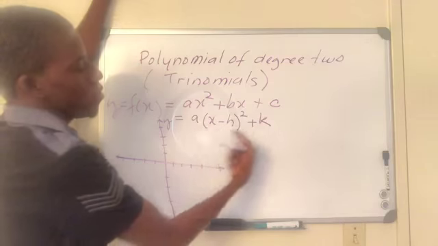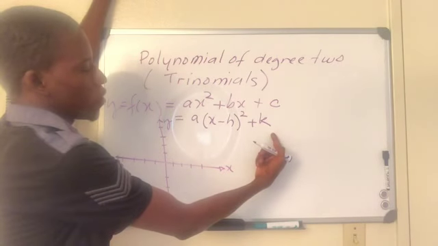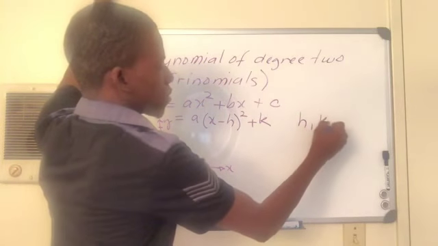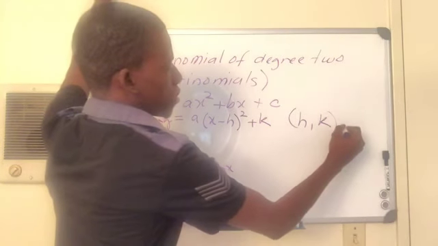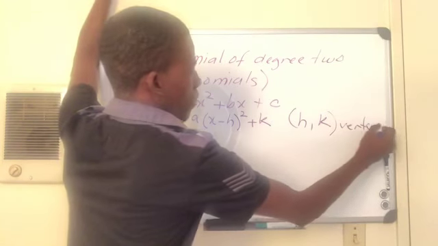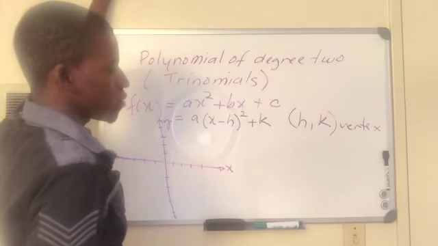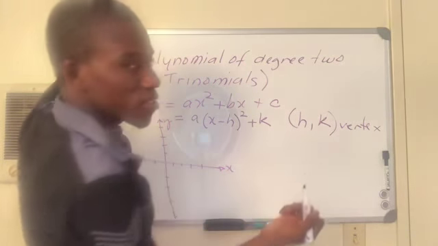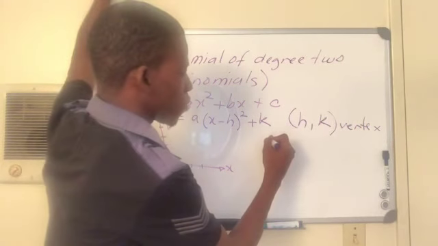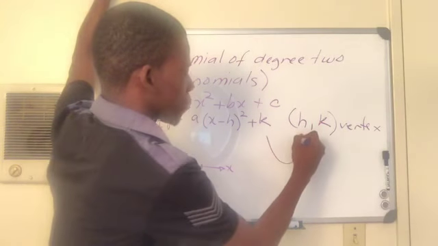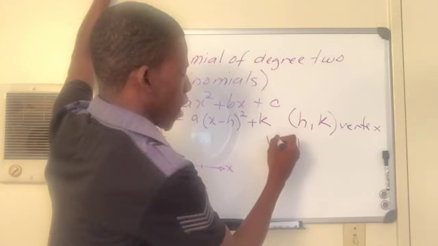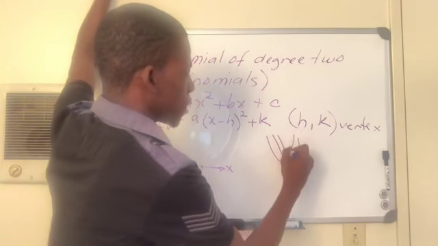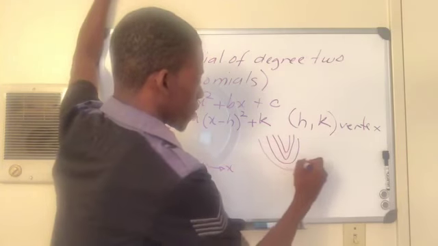And when we have it in this form, we can consider hk as the vertex, just like for the absolute value function. Hk is the vertex, and a is kind of like a slope, but because the trinomial is a U shape, the a tells us how wide the U is open.